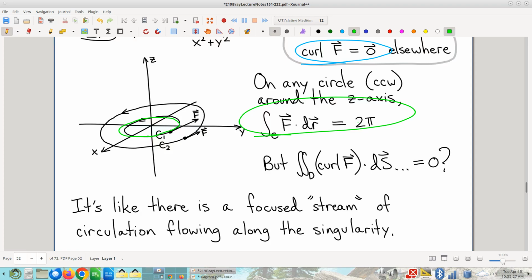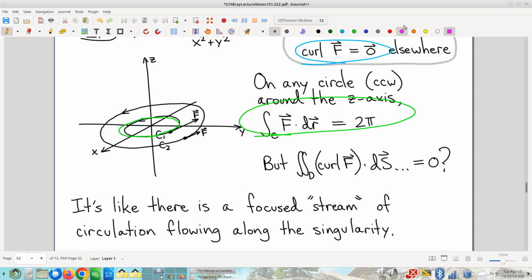But we can fix this problem, just like going back to the gravity situation with the point mass. Mass represents flux, and it's like we have a single lump of flux at the origin where the point mass is.